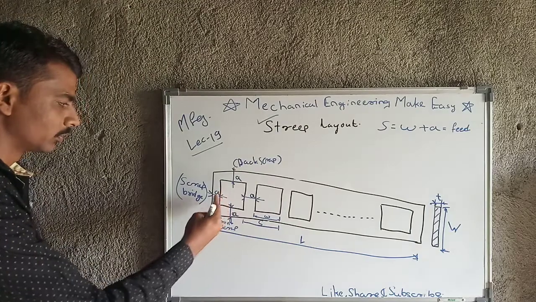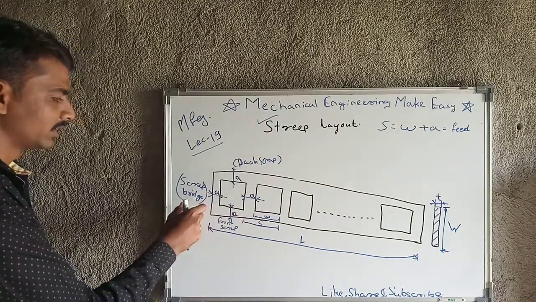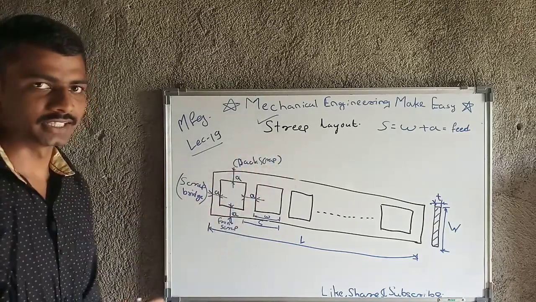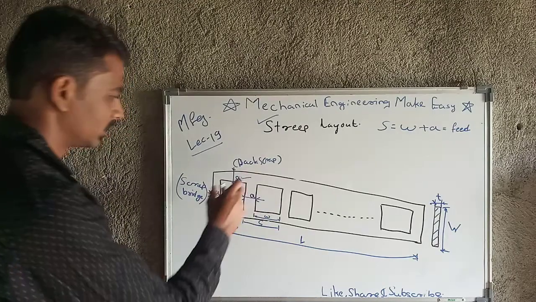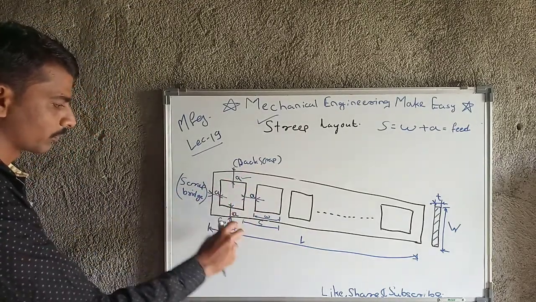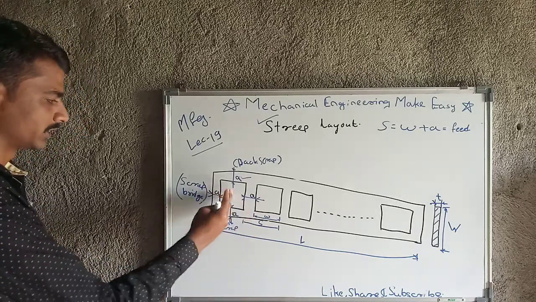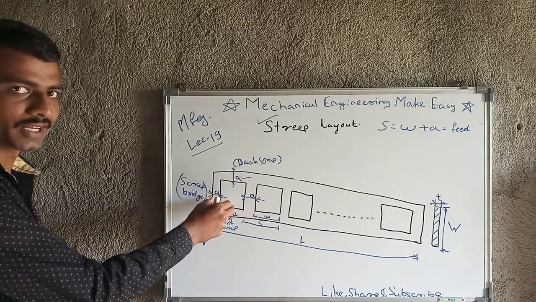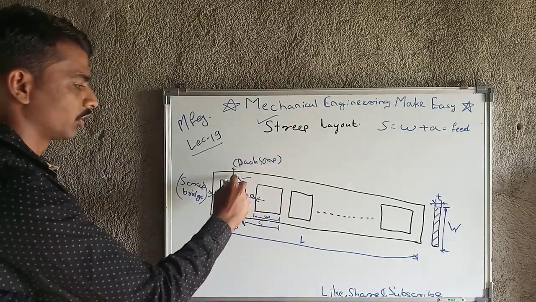Again, we have to give some margin at the front side, at the bridge and at the back side. These values are denoted by a. For example, for this square section we have to cut, the margin from the front side will have a value of a, the margin from this side will have a value of a, and the margin from the back side will have a value of a.